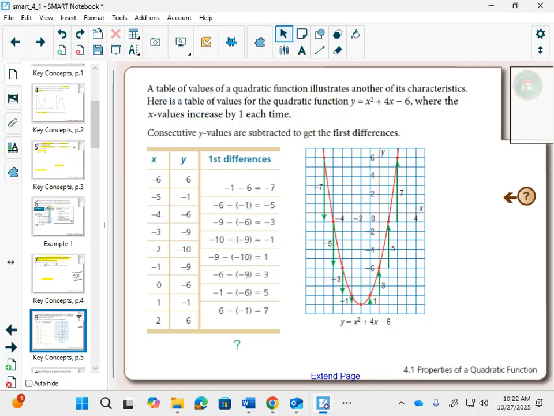If you start with your vertex and go over one, first you would go up 1, then over 1 up 3, then over 1 up 5, then over 1 up 7. They didn't do the next one, but could you guess? Over 1 up 9. Odd numbers.